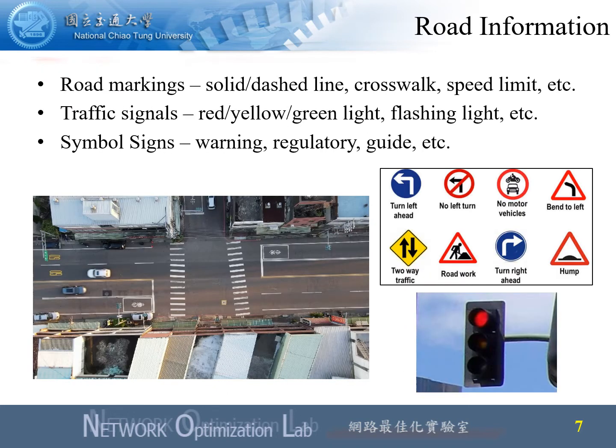Due to the various 3D information that needs to be described, it is a lot of labor work to construct a complete HD map. For example, in an intersection, there are several different kinds of road markings on the surface. Also, the symbol signs and the traffic signals need to be saved in the HD map.